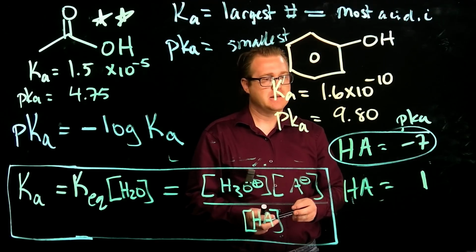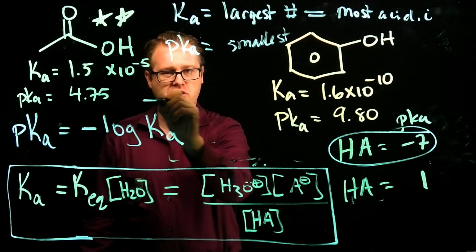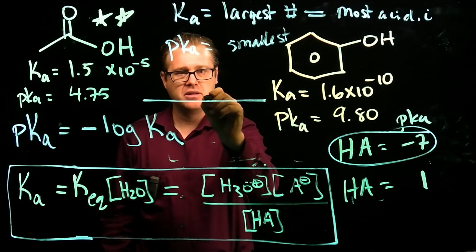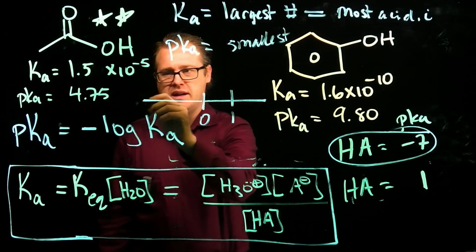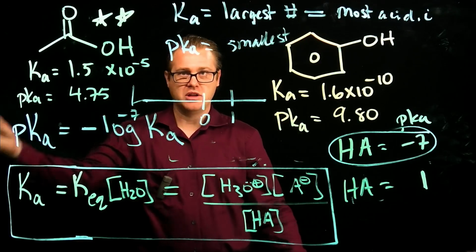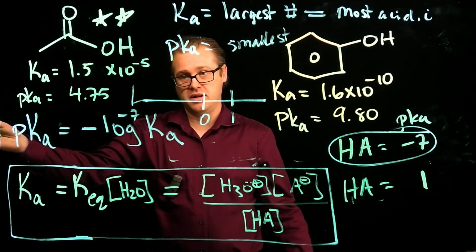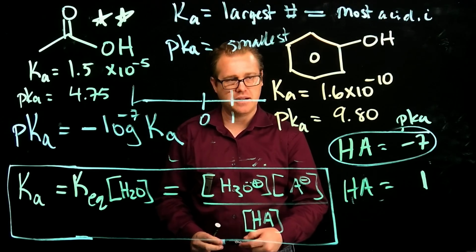Okay? So overall, basically what you're doing is if you want, you can just draw yourself a number line. There's 0, there's 1, and where's -7? It's clear over here. So numbers furthest left on the number line are smaller. Okay, that's how you look at it.